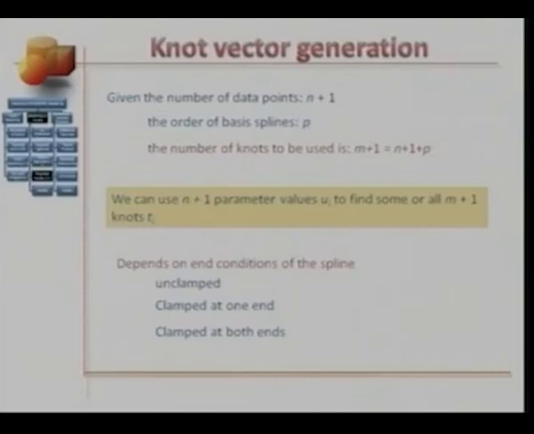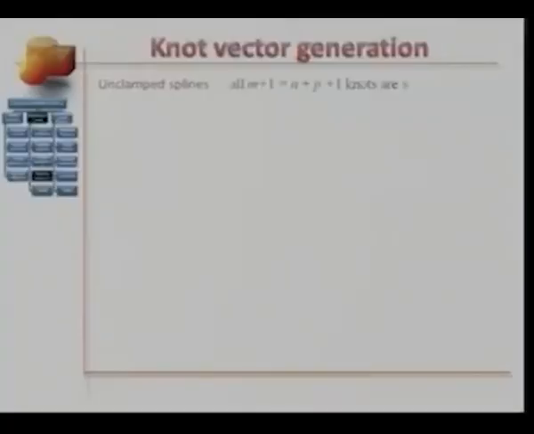Let's take these cases one by one. Let's consider the unclamped splines first. Here we all know that the n plus p plus 1 knots are all simple knots.